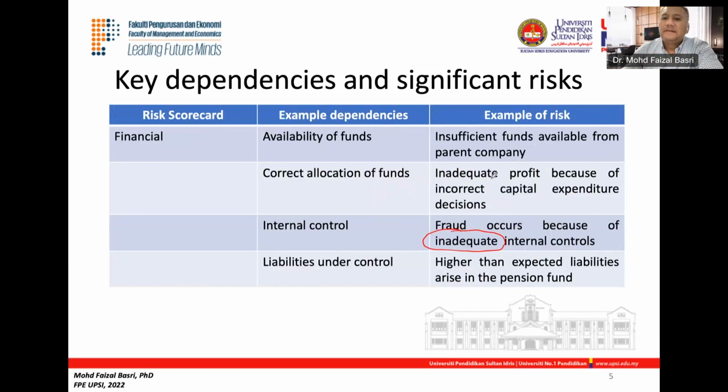Correct allocation of funds, for example, inadequate profit because of incorrect capital expenditure decisions. These are all related to the financial scorecard, examples of risks related to the financial element, and these are the general identification of the risk.